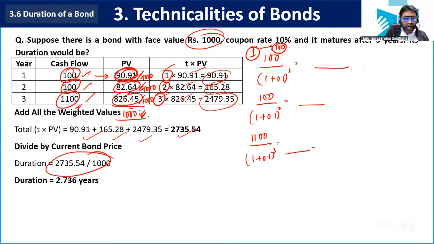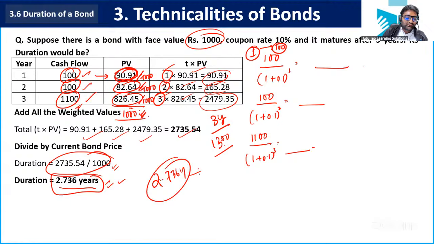What we get as the answer over here is 2.736 years. 3 years to get back 1300 in this case, but in 2.736 years you are going to get back your 1000 rupees what you have spent.